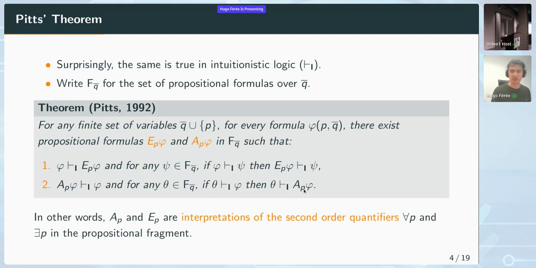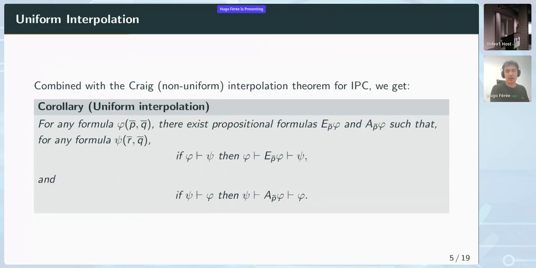This sounds rather technical, but one way to interpret this result is to see AP and EP as formulas realizing the second order propositional quantifiers forall and exists. AP phi is forall p phi, and EP phi is exists p such that phi. So this result says that you can interpret second order quantifiers within the propositional fragment, which doesn't have those quantifiers.